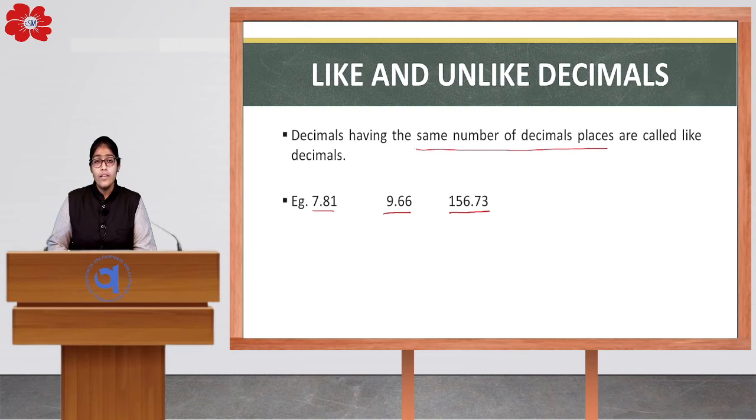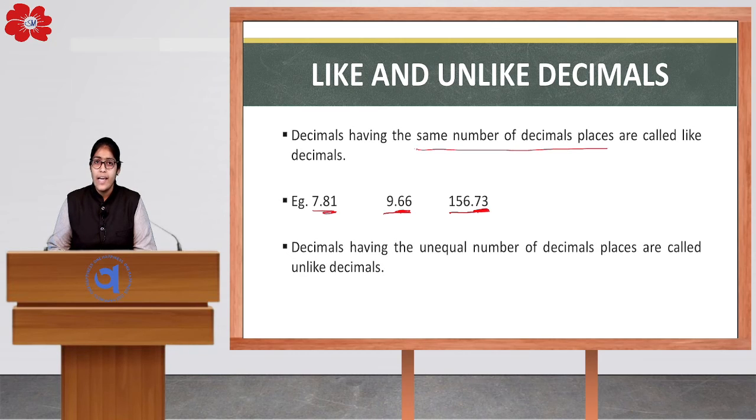Can you observe that the number of digits after the point is the same? Here it is 2, here also it is 2, and in this number also it is 2. So such numbers with the same decimal places are called like decimals.